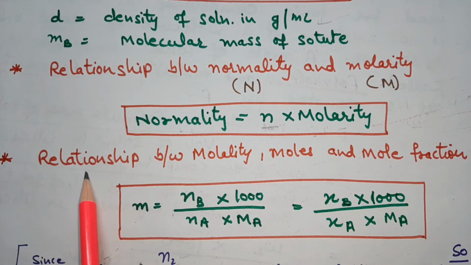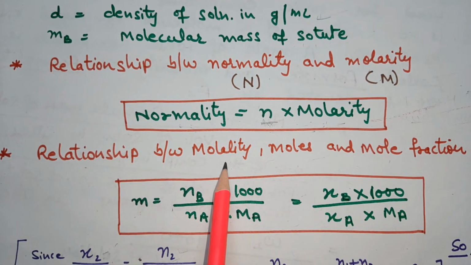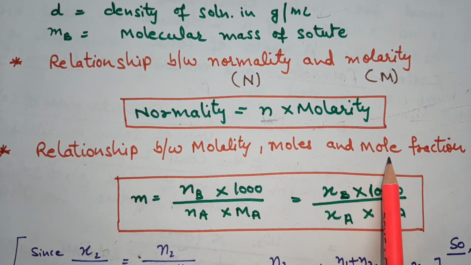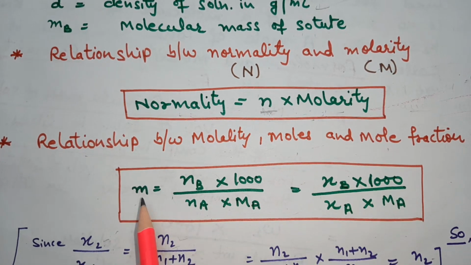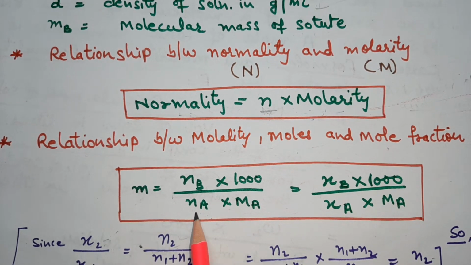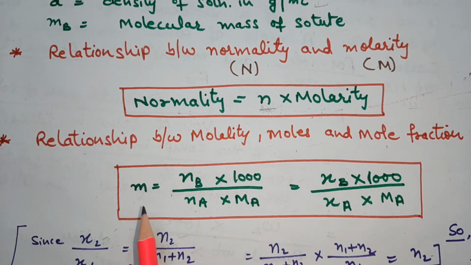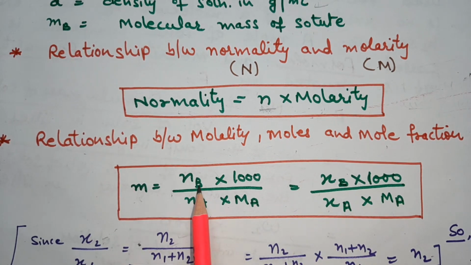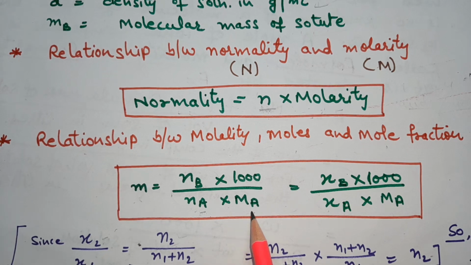Next is the relationship between molality, moles and mole fraction. Molality is directly related with the number of moles and the mole fraction. Molality is equal to Nb upon Na times 1000 upon Ma, where Nb is the number of moles of solute, Na is the number of moles of solvent, and Ma is the molecular mass of the solvent. Similarly, Xb is the mole fraction of solute and Xa is the mole fraction of the solvent.